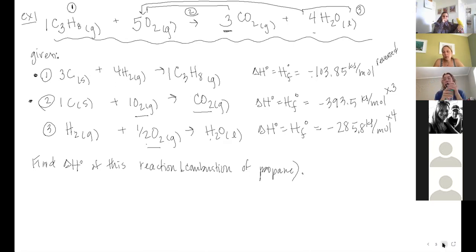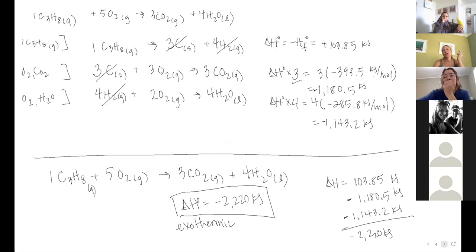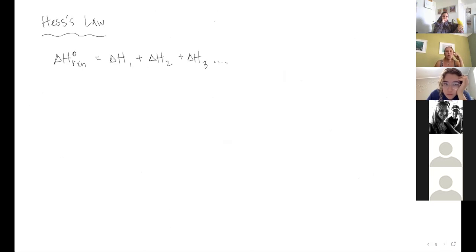You should probably memorize what's making water, right? Hydrogen gas and oxygen gas can make liquid water, but I don't expect you to memorize any of those. So the step-by-step intermediate equation would be provided for you. Other questions?